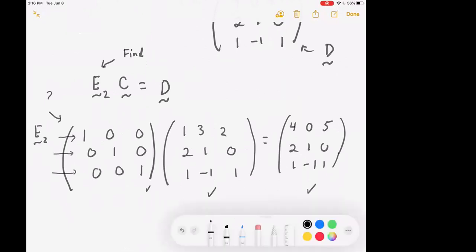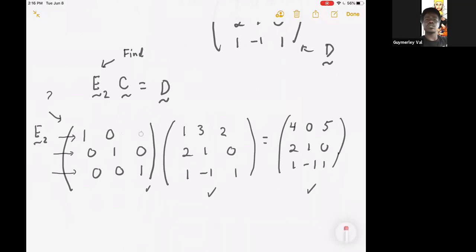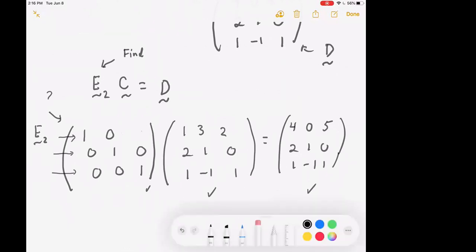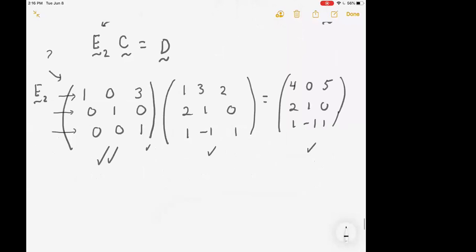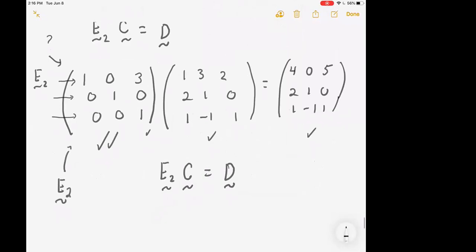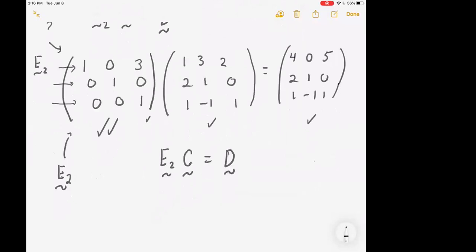And so in that case, all you want to do is make this entry 3, and that is correct. That's the right thing you want to do. So E sub 2 times the matrix C will give you the matrix D. So we have defined another example of an elementary matrix here.